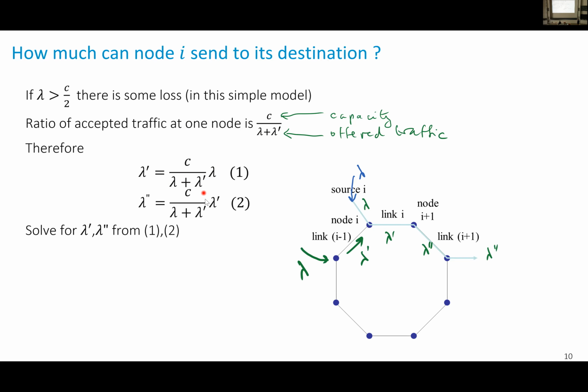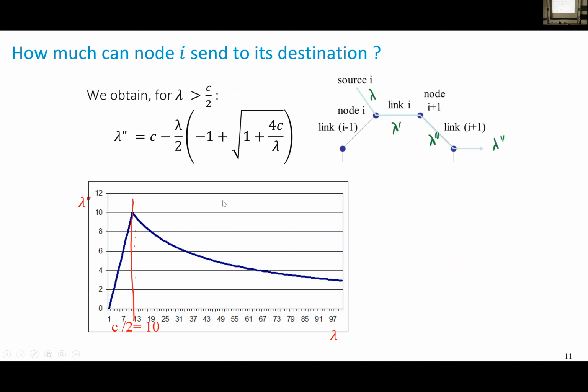Once we have computed lambda prime, we can also compute what goes to the next hop. Similarly, what goes to the next hop is the ratio of accepted traffic multiplied by what has survived at the first hop. So we can solve this. That's not very difficult. That's a quadratic equation. We have a closed form solution.